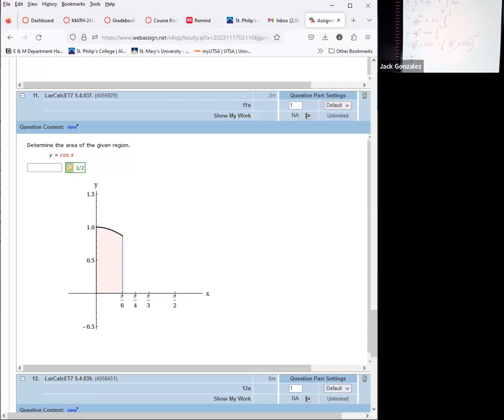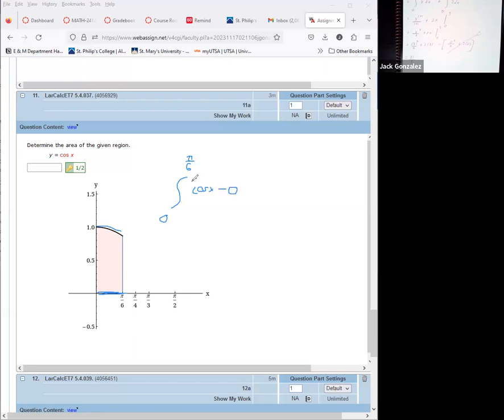So this is telling you that we should be integrating from 0 to pi over 6. And then you do the cosine, that's the upper part here, minus the bottom part, which is just a 0.